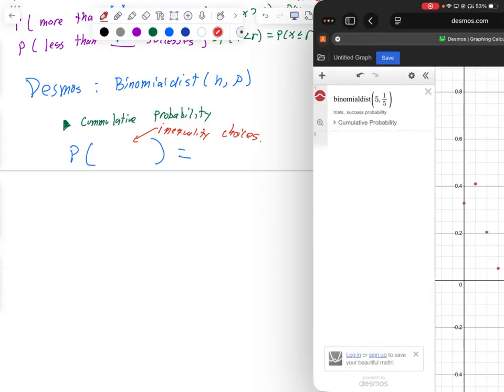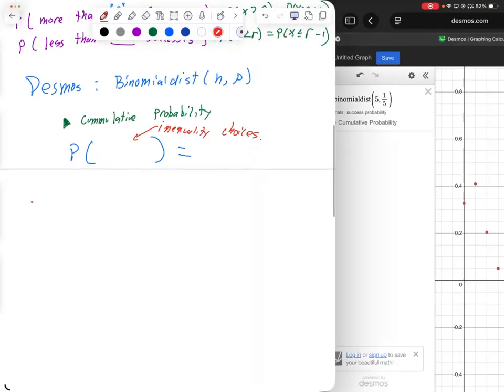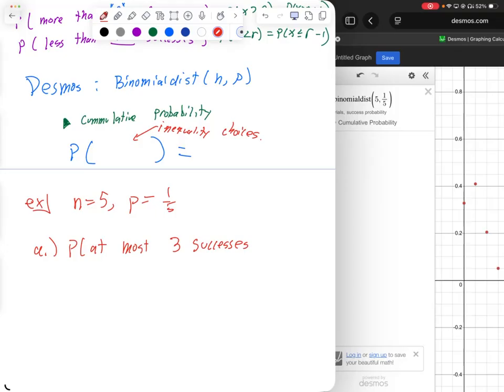The question that I asked you was at most 3, right? Which is 3 or less. So for my example, in our do now, we had n was 5, p was 1 over 5, and the question said, what is the probability that you had at most 3 successes? That was the question, right?